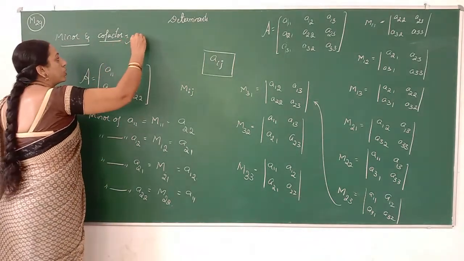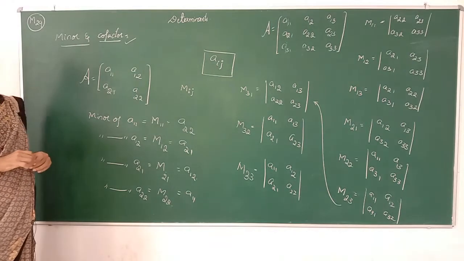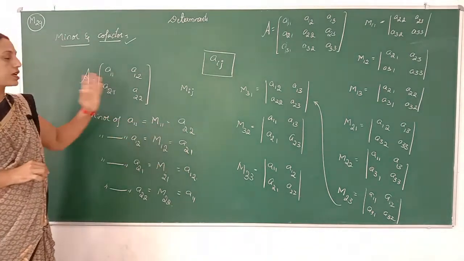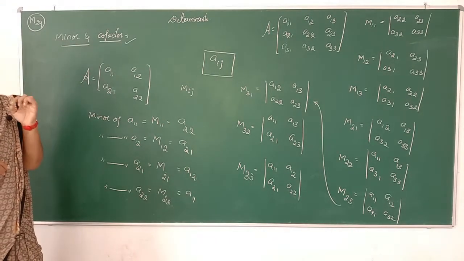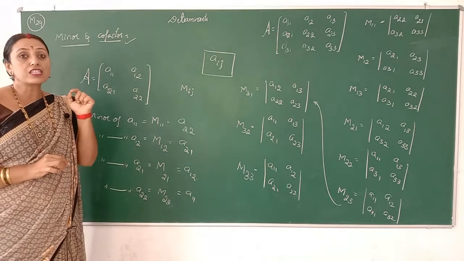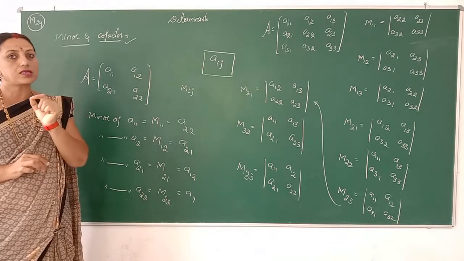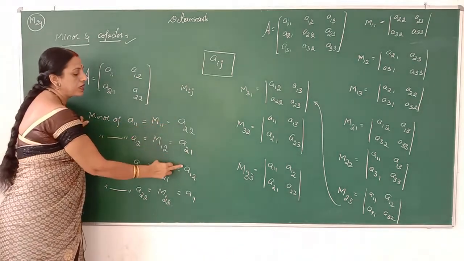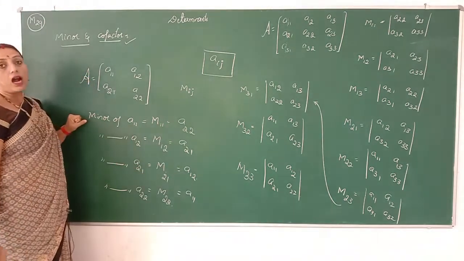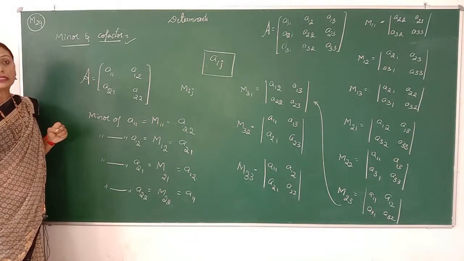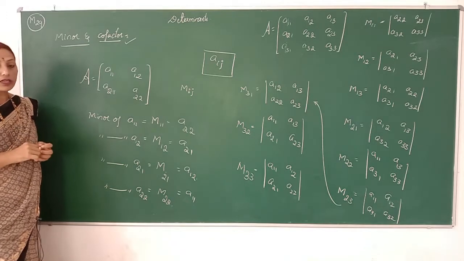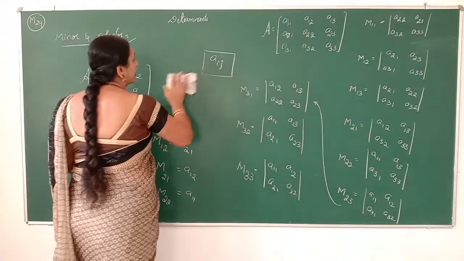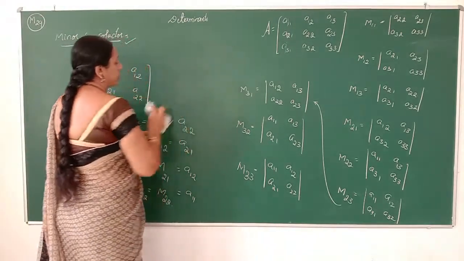Next are cofactors. A cofactor means the minor of each element of a determinant multiplied by the corresponding alternating sign of the determinant. First, what are the signs of determinants in 2 cross 2 and 3 cross 3 determinants?